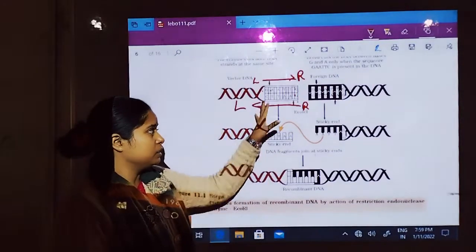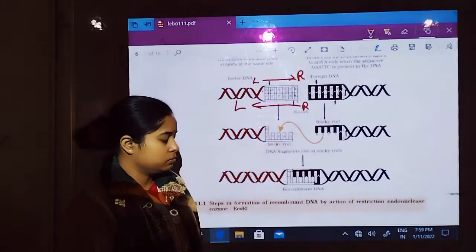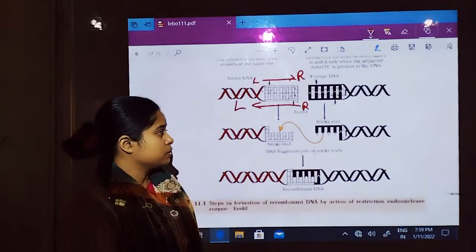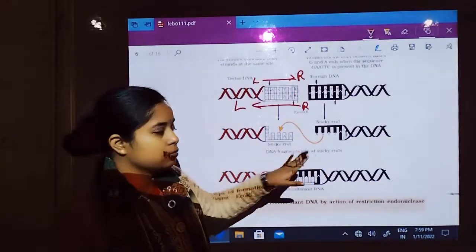For example, this is the desired gene and the black color shows the vector DNA. If they are cut at a similar region, only then will both DNAs stick together.